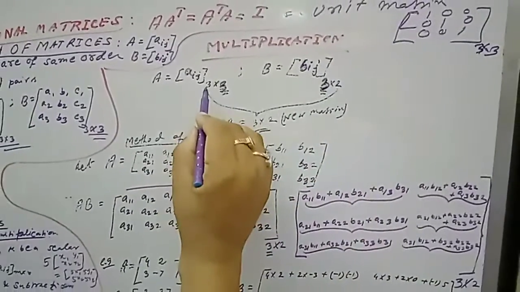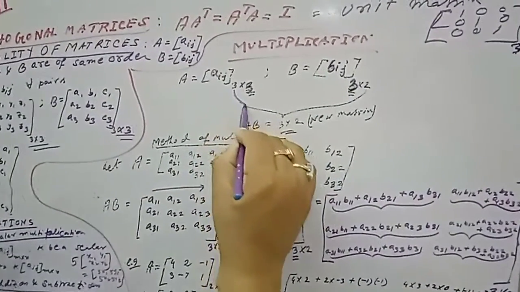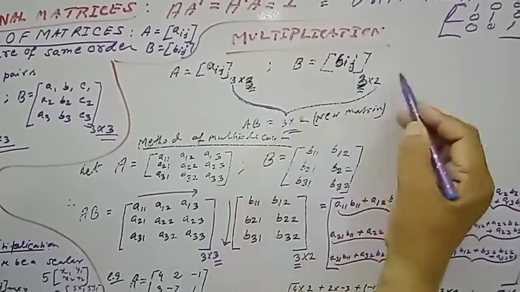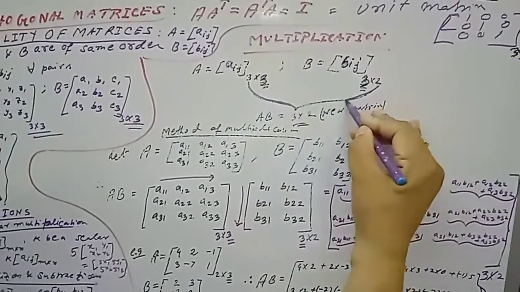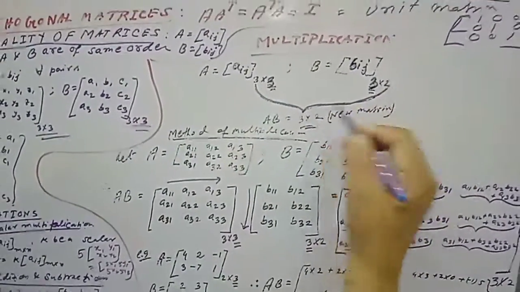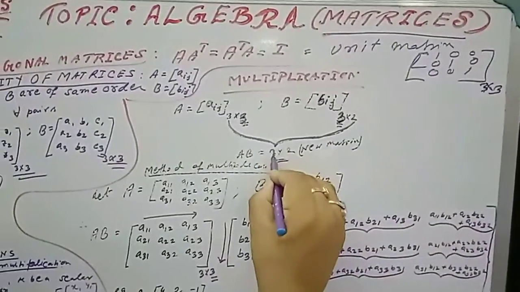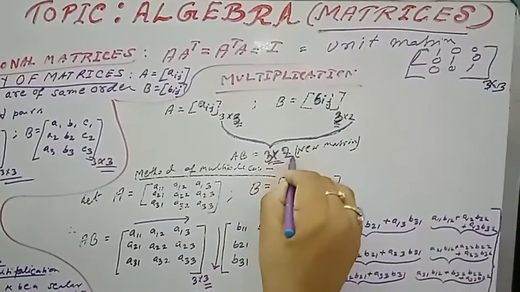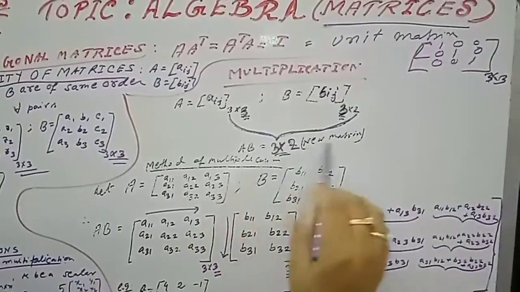So the remaining part means the remaining, here 3 is the number of rows, and here 2 is the remaining number of columns. So the new matrix after multiplication, what will we get? The new matrix will be 3 by 2 order.